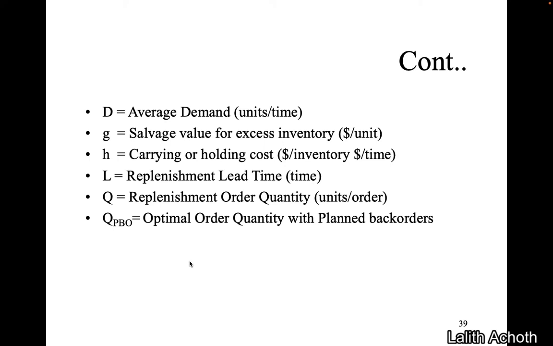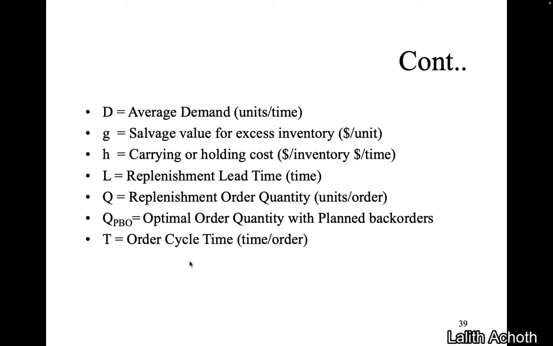This is important. Q PBO, optimum order quantity with planned back orders. So if you have the facilities for satisfying back orders, that is, demand that is not met today can be satisfied at a future date, then your Q, which is a replenished quantity, gets changed to Q PBO, which we shall discuss as we go along.